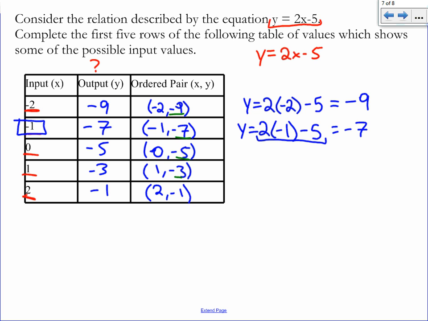And that's not a coincidence because you notice there's a 2 right there. We'll get more into that later, but just notice that it's not a coincidence. Also notice that when your input was 0, you got an output of -5, and that's also not a coincidence: -5 is the thing in the equation that wasn't next to the x.